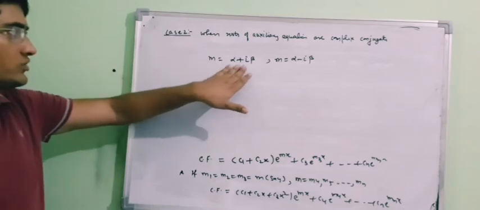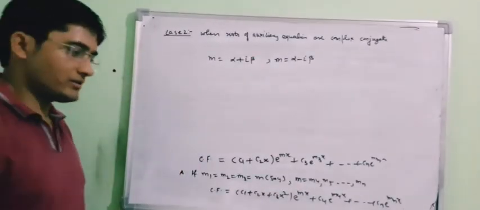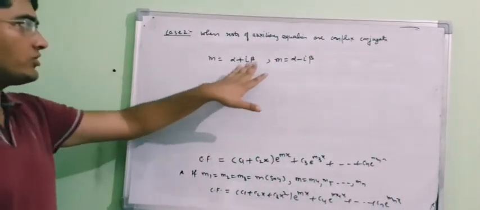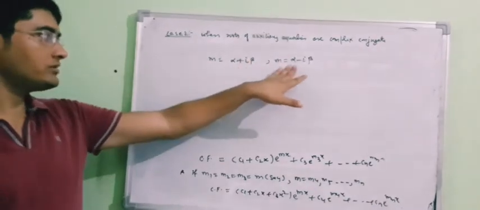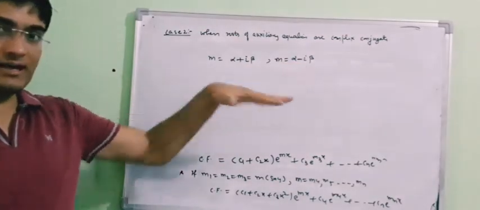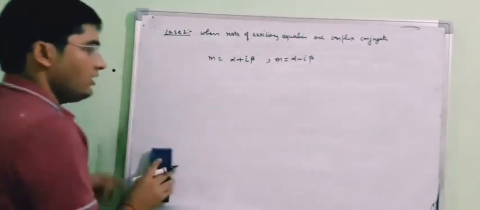Suppose that the auxiliary equation has two complex conjugate roots and the other roots are distinct. Let us discuss a differential equation of order 2, then it will have two roots, say m equal to alpha plus i beta and m equal to alpha minus i beta.